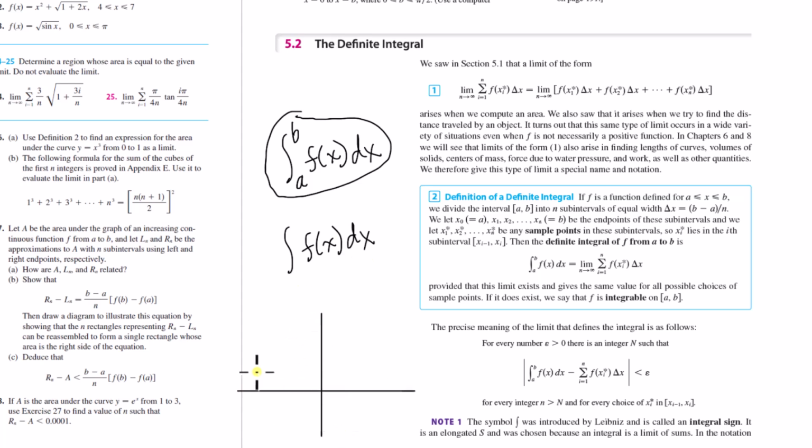If you've got a curve and you want to find its length, you can separate it into tiny pieces, sum the lengths of those tiny pieces, do an infinite sum, and get the length of the curve. That has nothing to do with areas, right? But we're still going to use this exact same definite integral tool to do that.